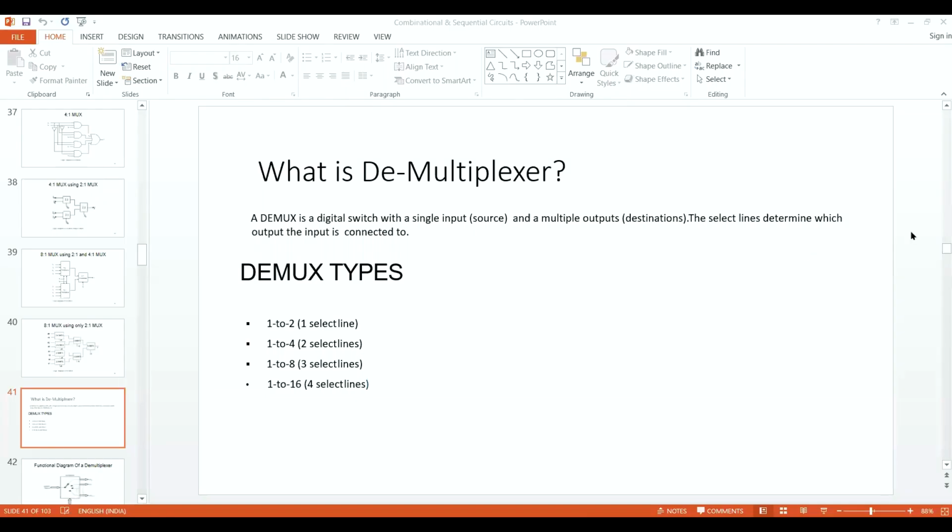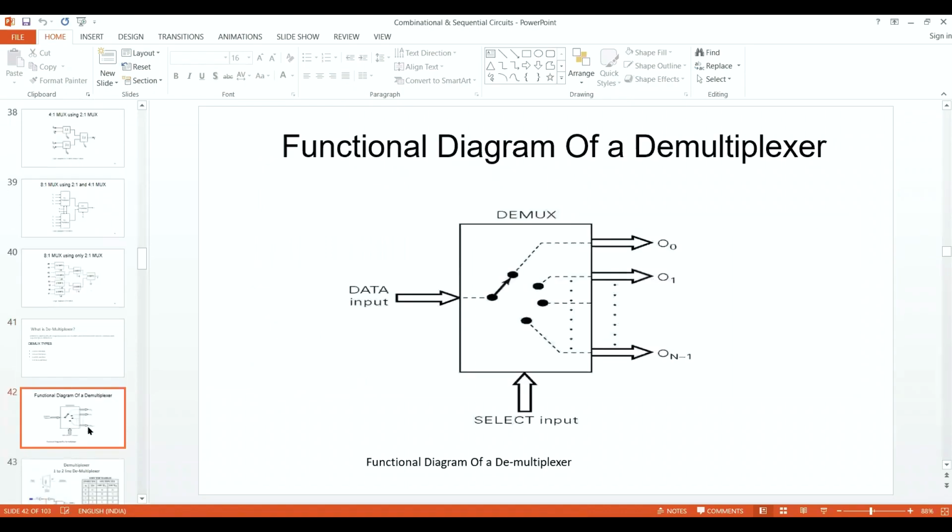So we were discussing demux. You know very well that I already discussed that it depends on the number of select lines. So you can see 1 to 8 is 2 raised to power 3, and 1 to 16 has 4 select lines. This we already know. You can see the function diagram of the demultiplexer in which the input is 1 and the outputs can be many.